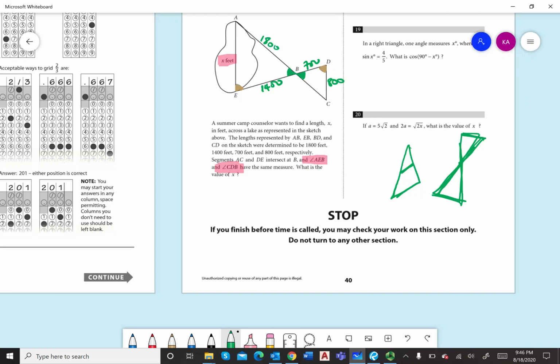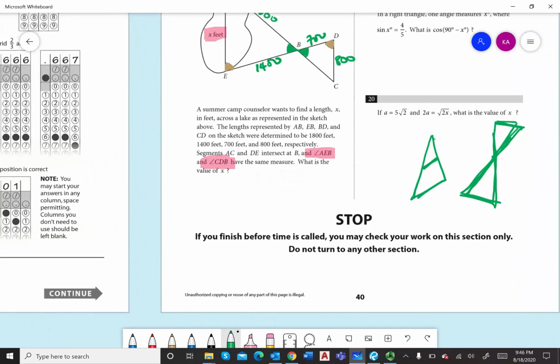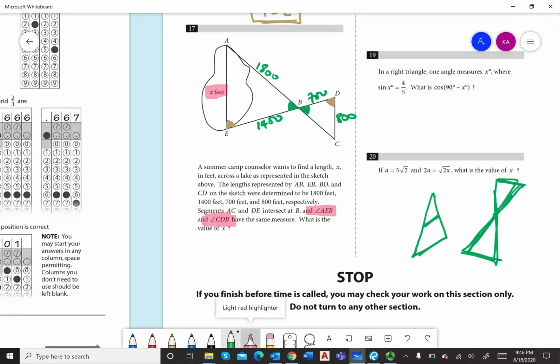Okay, so what you have to do is know how to apply the proportion the right way. So you have to find corresponding sides. Now, this side corresponds to this one. How do we know that? That side is in between this angle and the green angle. So the only side that is between that is these two. Okay.